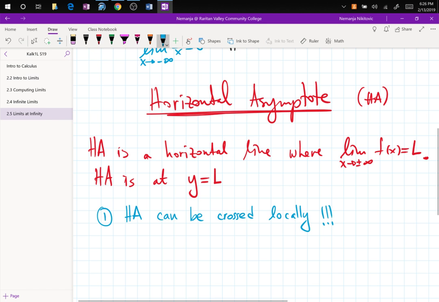So you are going to run eventually into a problem that will look something like this, and then you will have a piece that pierces through the asymptote inside. So they have to be obeyed at the ends, but they don't have to be obeyed here. So a function can cut through a horizontal asymptote. Keep that in mind for chapter 4.